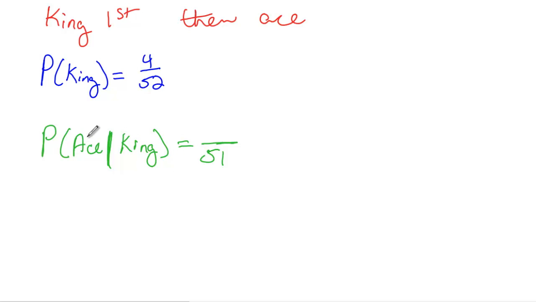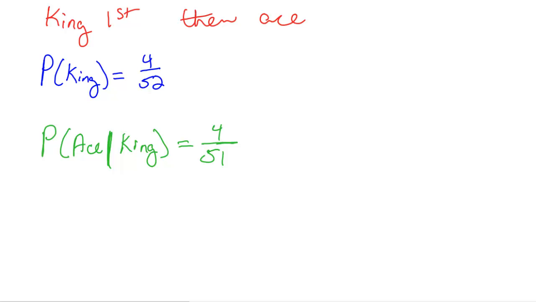So all 4 of my aces are still available. So the probability of drawing an ace, given that I already drew a king, is 4 out of 51. Notice my denominator goes down because I'm not putting that king back. And that's the biggest thing that changes for us.